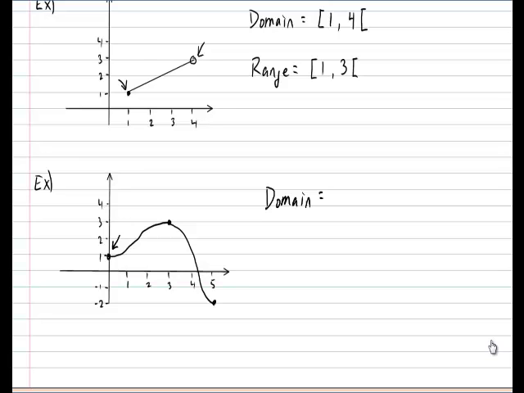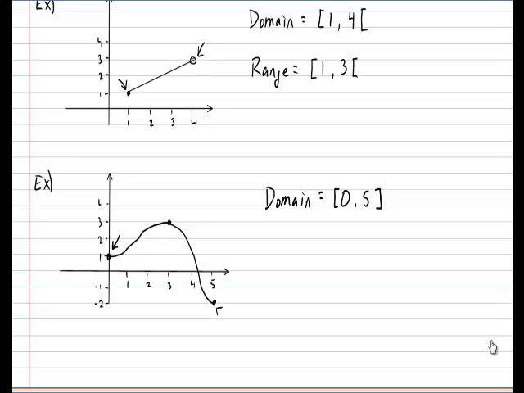And that x value corresponds to x equals 0. And it is one continuous curve. There's no break in it. And the x values stop here. That point corresponds to x equals 5. That's our domain. This graph starts at 0, stops at 5, and no stops or gaps in between.